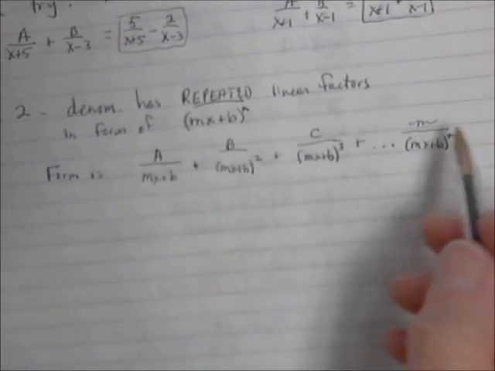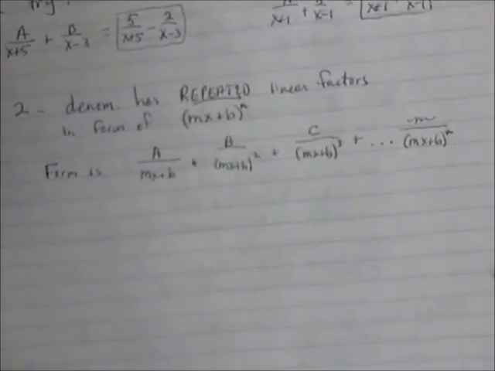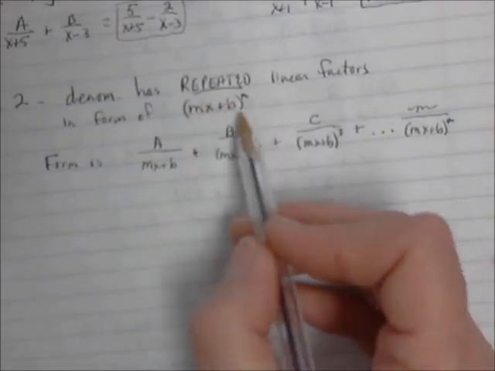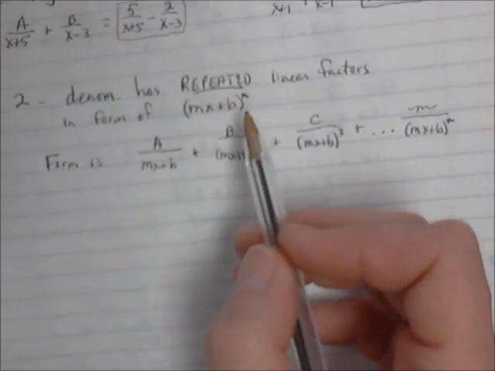You'd have a, b, c, d, e, f, g, but you'll never get that many. So that's the form if you have the denominator repeated n different times.